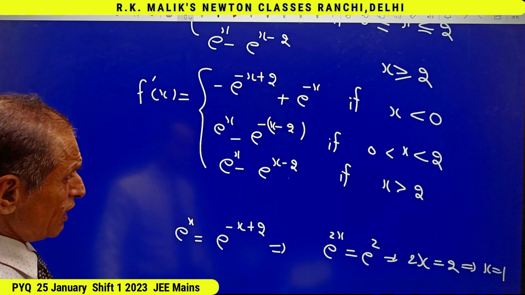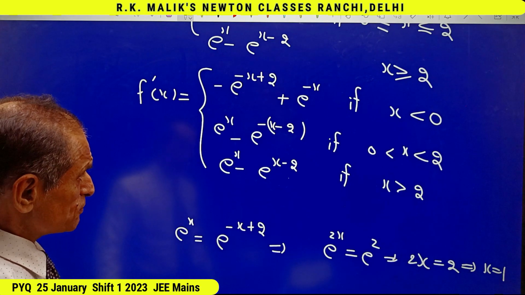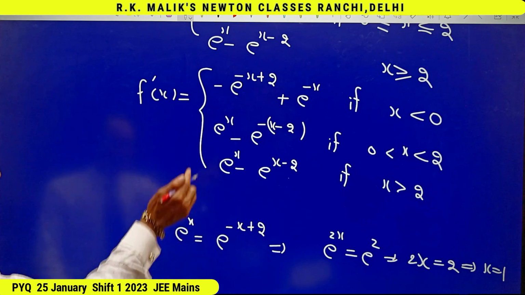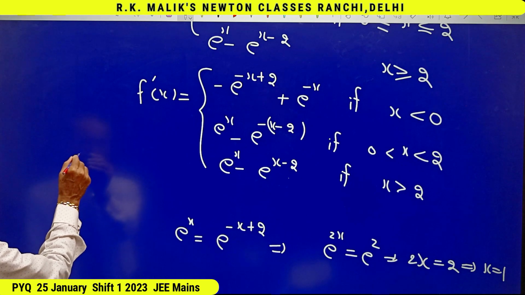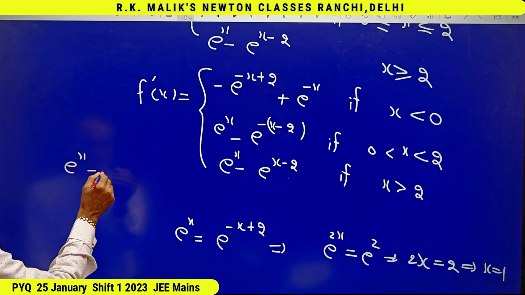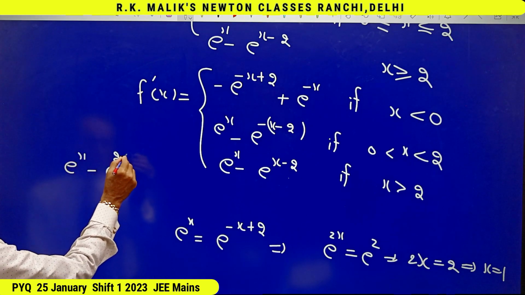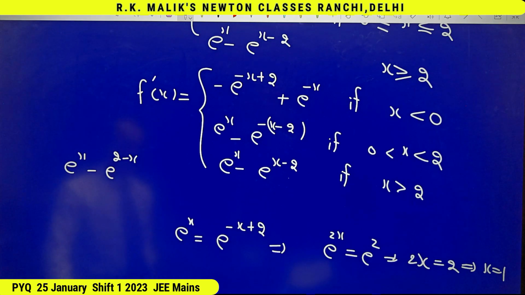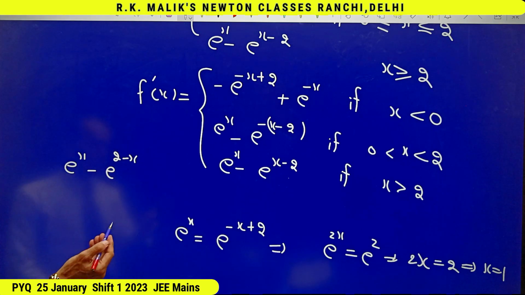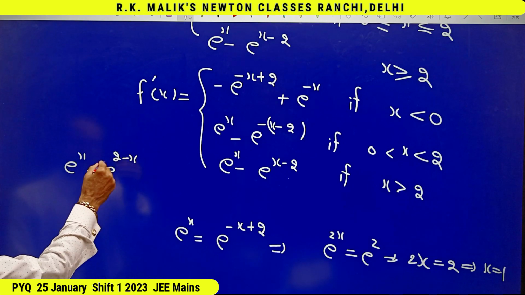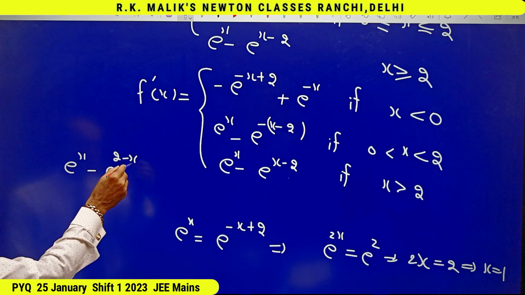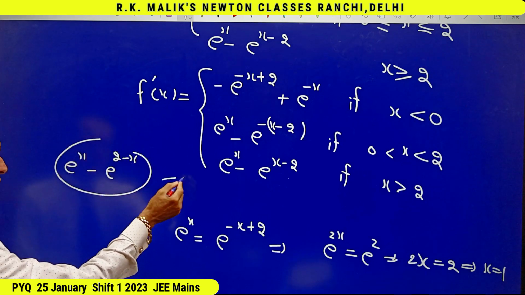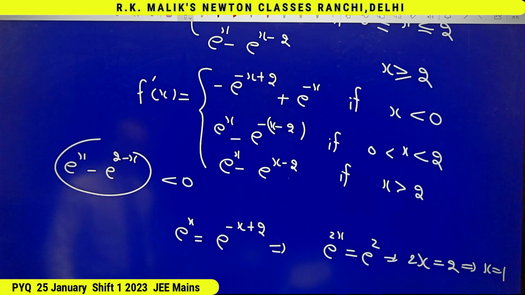And now let us check whether x equal to 1 is maxima or minima. Clearly, this is equal to e^x minus e^(2 minus x). If I take the value of x as slightly less than 1, then 2 minus x will be slightly more than 1. Hence, the value of this will be negative.